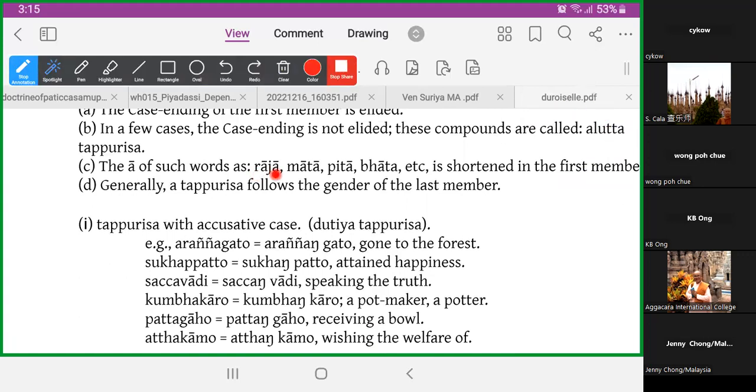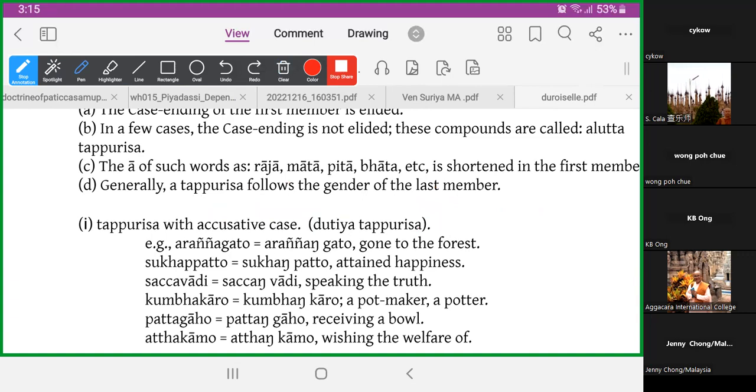So we are going to use this example. Raja already, and then if you say Gato. Okay, even this is wrong, never mind, just leave it like that.